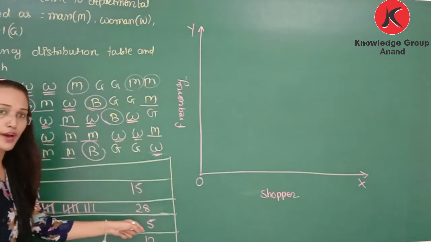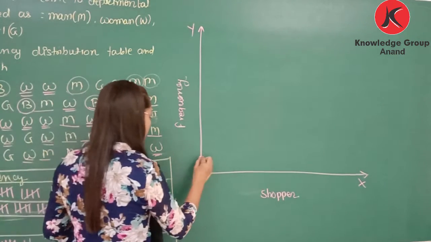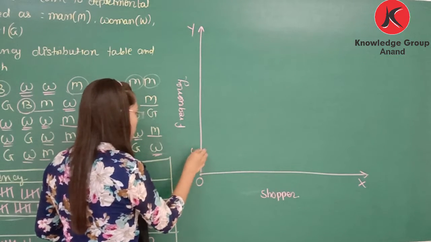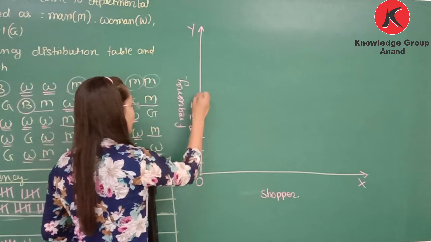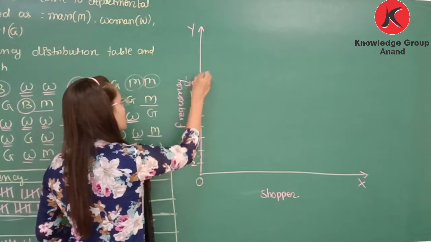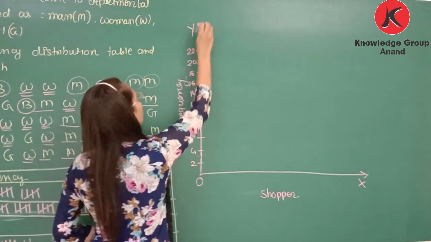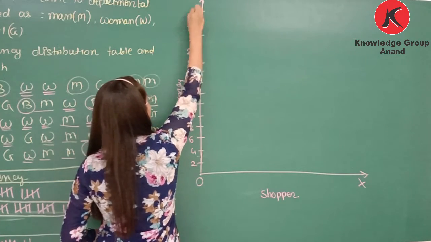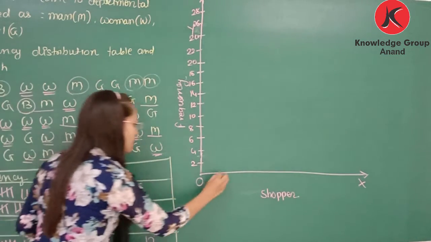So we will make a scale of 2, or you can make a scale of 5. So let's make it 2, 4, 6, 8, 10, 12, 14, 16, 18, 20, 22, 24, 26, 28. Clear?